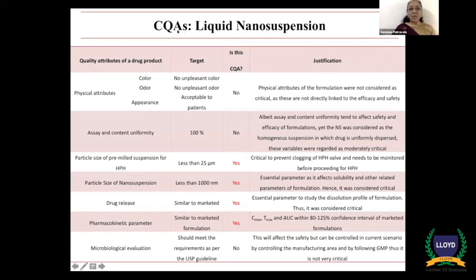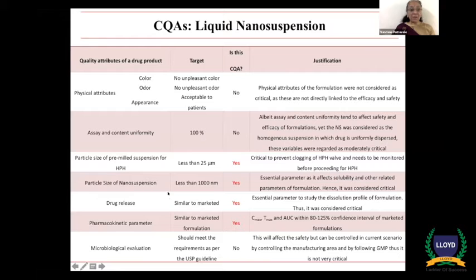Then we wrote critical quality attributes, whatever are applicable to the nanosystems and to the capsules. First list them all, then write whether each is a CQA, whether it's a critical parameter. In our case, yes, pre-milled particle size was critical because otherwise our HPH would not work. Final nanosuspension particle size was also important because that will govern the final solubility as well as bioavailability.